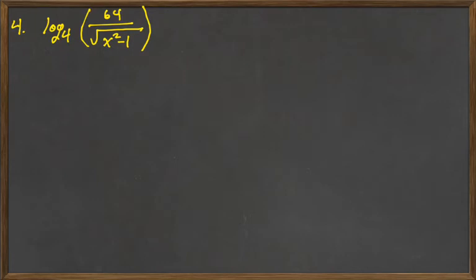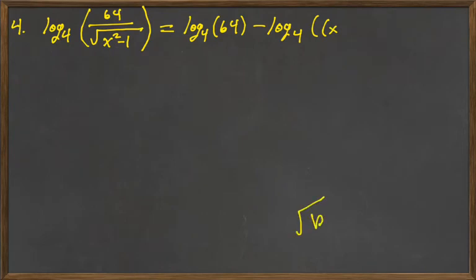The primary thing to break up right now is we do have a quotient, so it's going to be log base 4 of 64 minus log base 4 of, and then if you remember, the square root of b is equal to b to the 1/2 power, so the square root we'll rewrite as a 1/2 power, and for the sake of being efficient, we're going to also factor x squared minus 1 into x minus 1 and x plus 1. Okay? Alright, and then there's our square root as a 1/2 power.